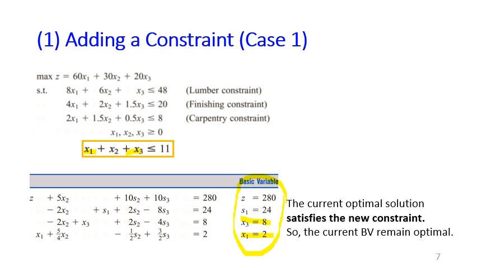It means that the current optimal solution satisfies the new constraint such that the current basic variables remain optimal. In this case, when we add a new constraint, it does not affect the original optimal solution.